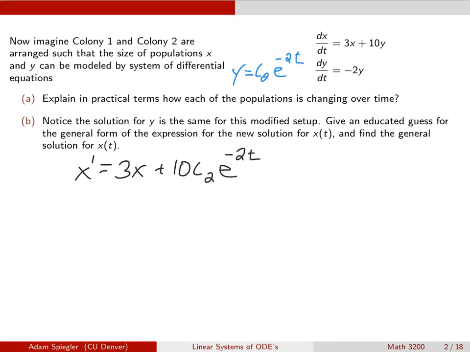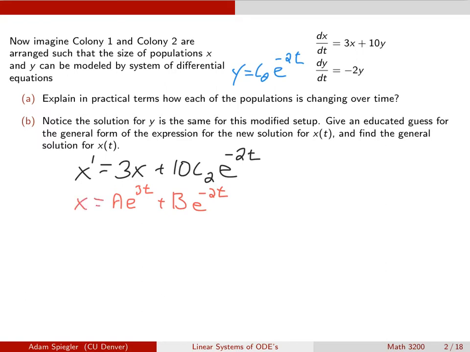And so we saw previously that this term over here led us to believe that our solution should have something like a e to the 3t. And now, because the derivative of x also involves some e to the minus 2t term, then it makes sense that we might have another part of that solution for x which involves an e to the minus 2t.